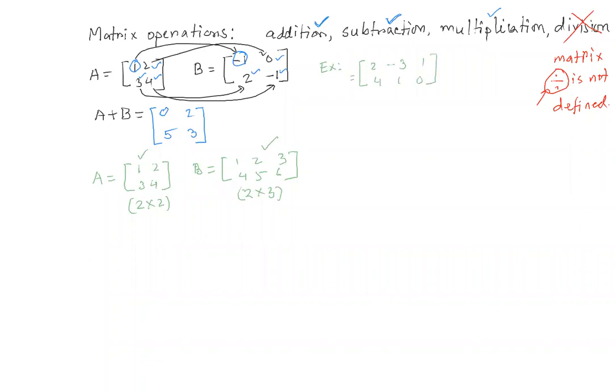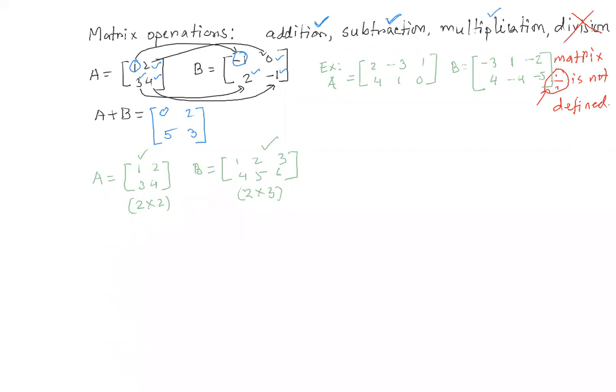This is my matrix A, and my matrix B is going to be negative 3, 1, negative 2, 4, negative 4, negative 5. Okay, I have these two matrices.